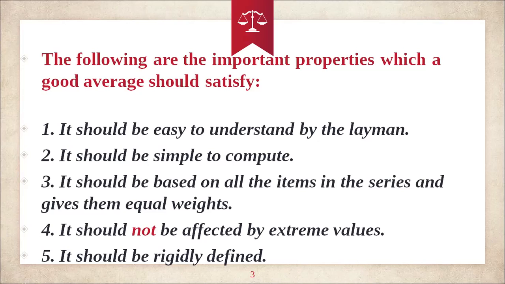For example, with the median we can ignore some values when estimating it. But the average should be based on all the items in a series, as with the arithmetic mean, geometric mean and harmonic mean, and give them equal weights. The average that gives equal weight to all the data in a series is a good average.